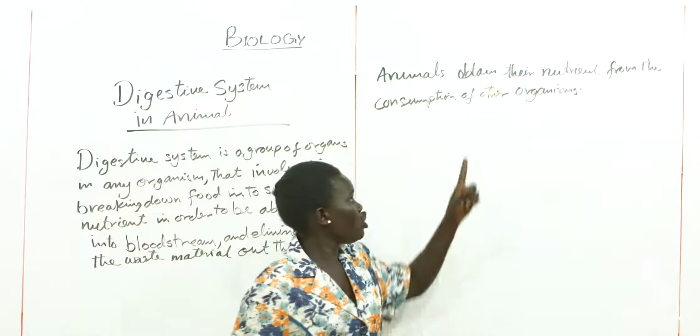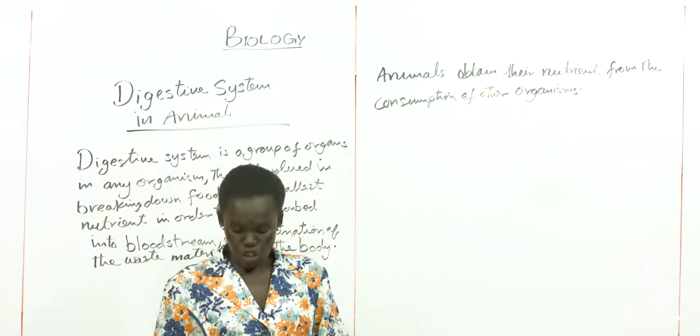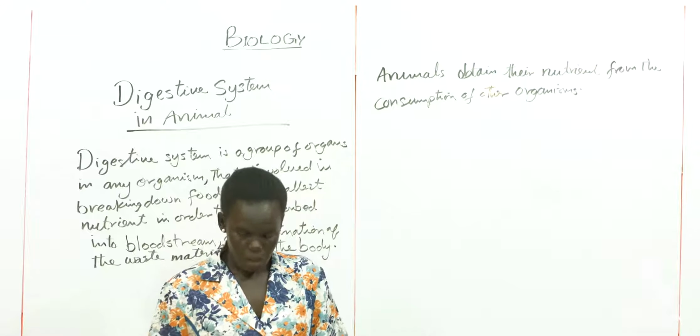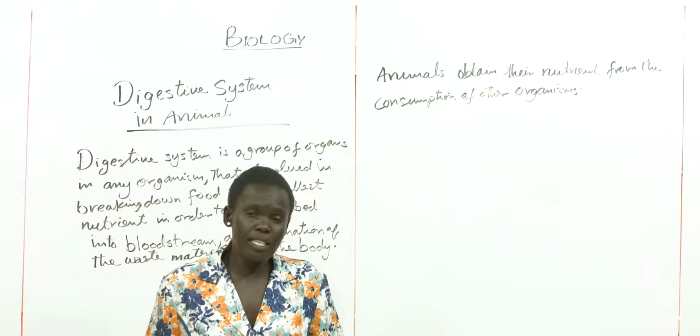This food or this nutrient we take in is not accessible to the cell immediately. When we take it like that, it cannot be accessed by the cell immediately.